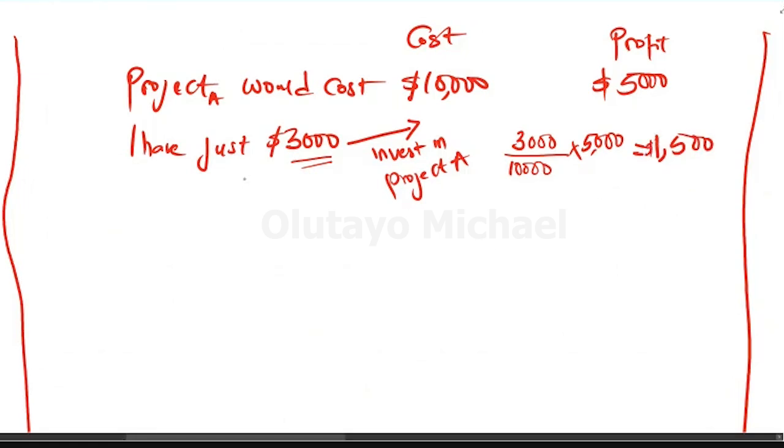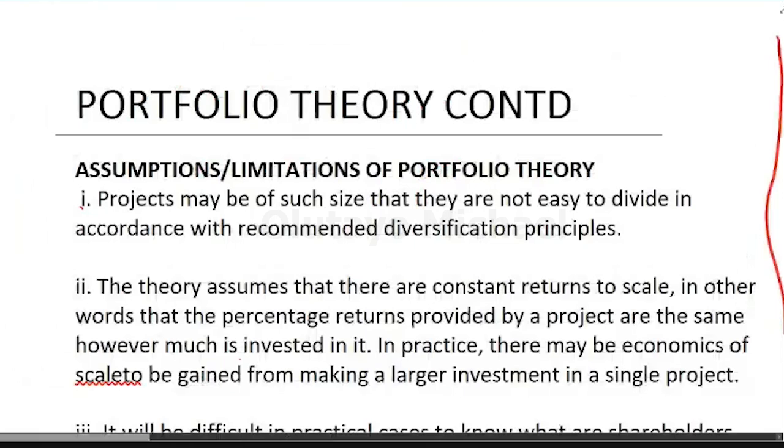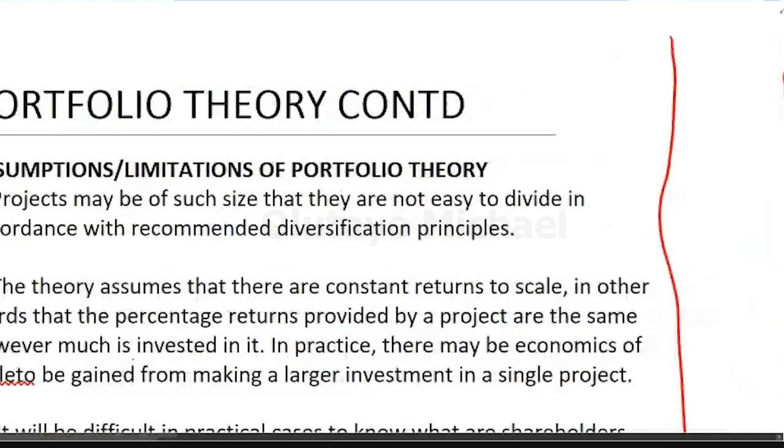So this results in constant returns to scale. But in practice, there are economies of scale and there are also decreasing returns to scale, which means there is no guarantee of getting the exact proportion. It may not be accurate to get the exact proportion of the profit from the capital invested in the project. So in practice, there may hardly be constant returns to scale.